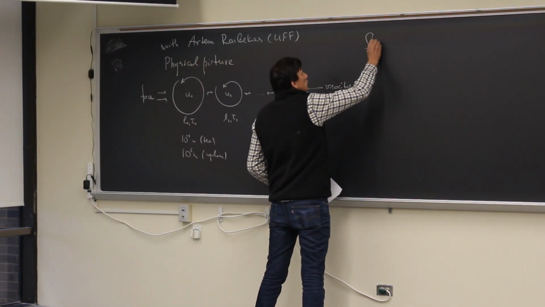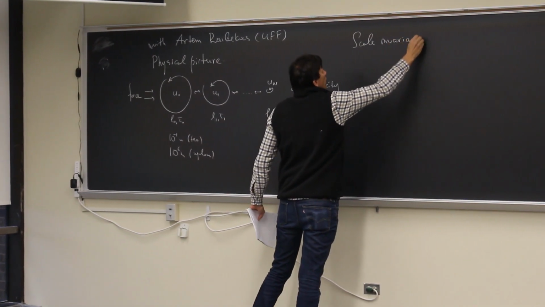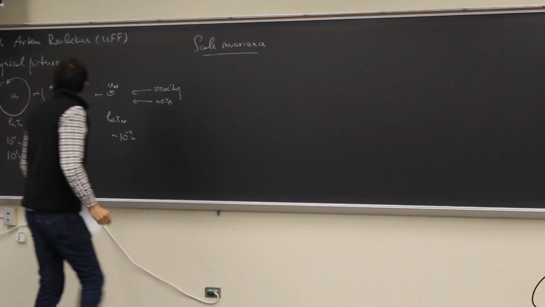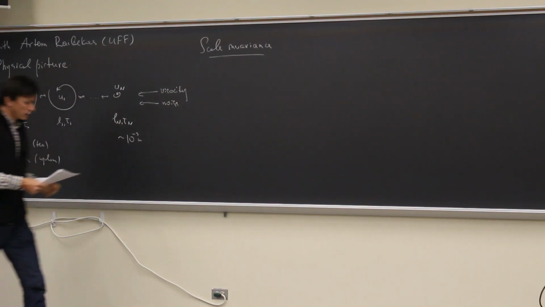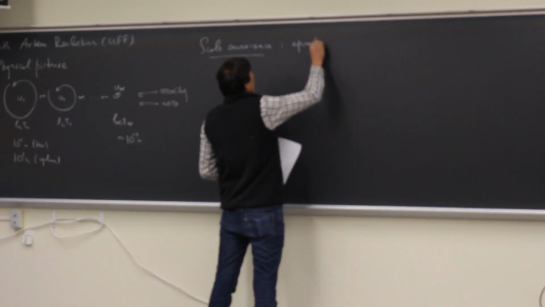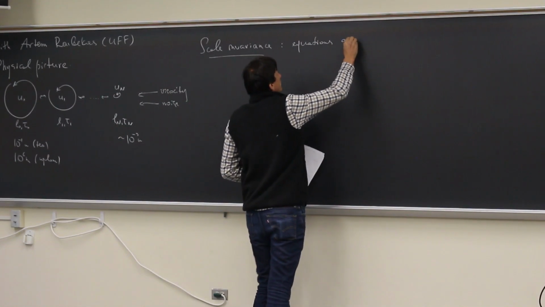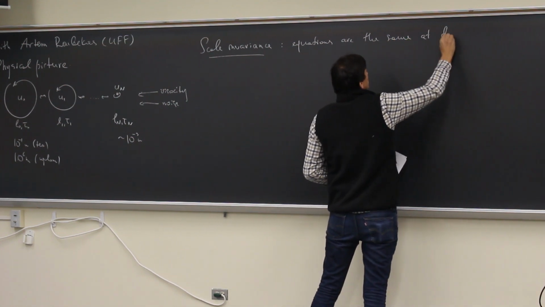So we have to talk about scale invariance. Scale invariance means that equations of motion at every scale are the same, if they are written in proper coordinates. So scale invariance means that equations are the same at all scales.